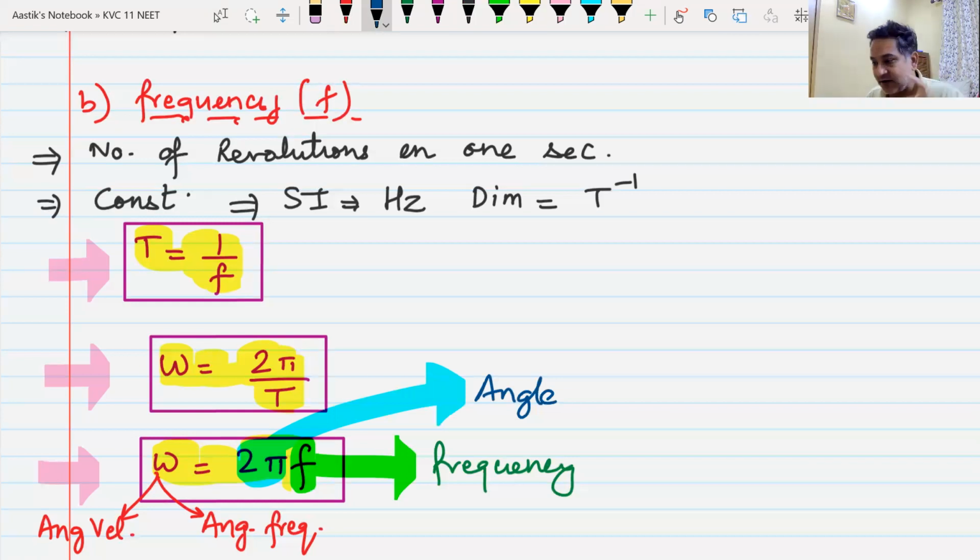If I multiply the angle with frequency, whatever I get is known as angular frequency. So that is how we can understand that omega is also known as angular frequency in some cases. Do we understand this? Yes or no? Let us complete the definitions today so that we can move ahead with the questions in the next class.